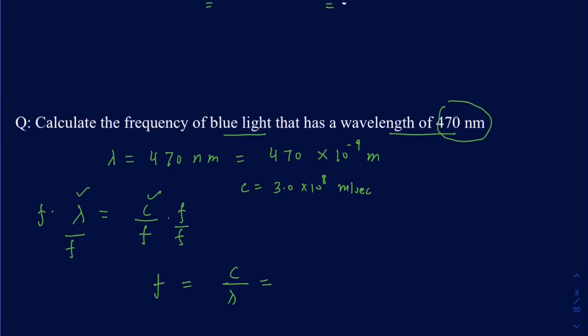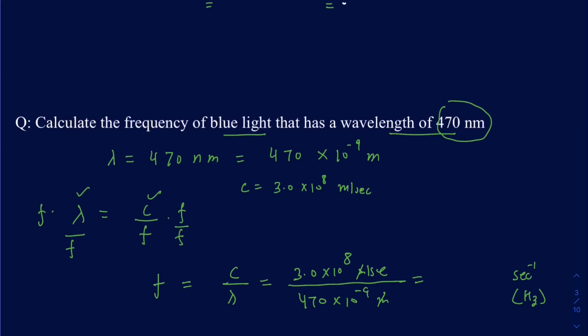So your speed of light is 3.0 times 10 to the 8 meters per second, and your wavelength is going to be 470 times 10 to the minus 9 meters. Your meters will cancel out, and your frequency is going to be in seconds inverse, or you can say in hertz. So let's see what that comes out to be.